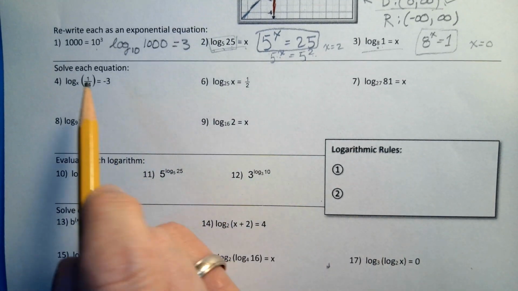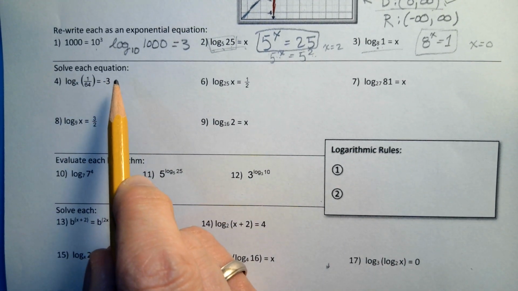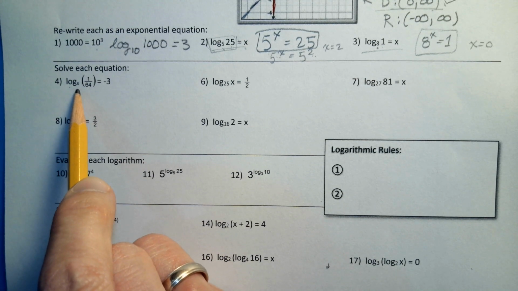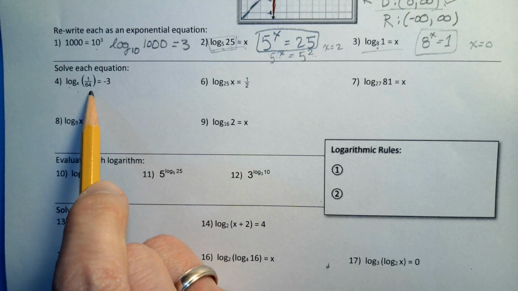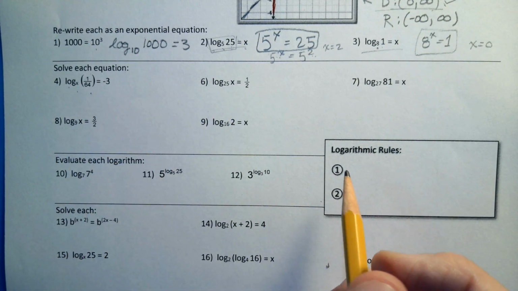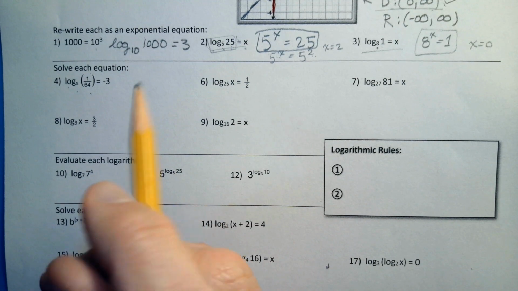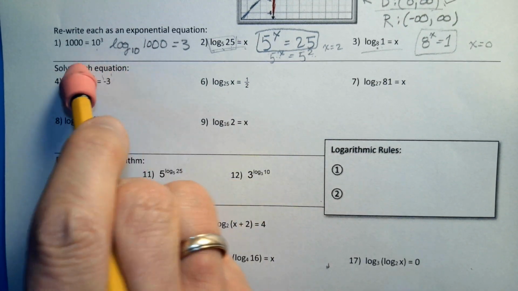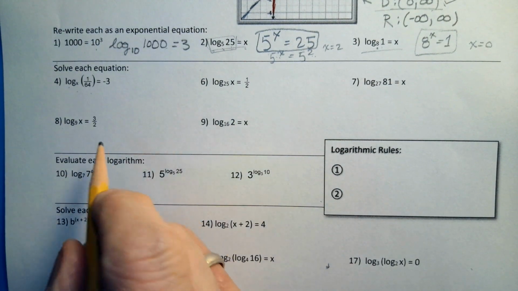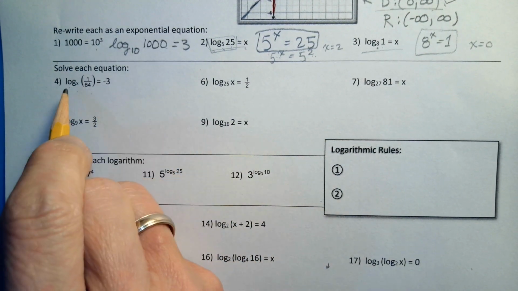All right, solve each equation. So this is log base x of 1/64 is equal to -3. At this point we're not really great with solving these things yet, but what we can do is convert it. So the base is the base.